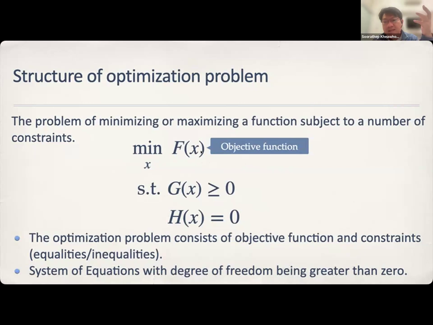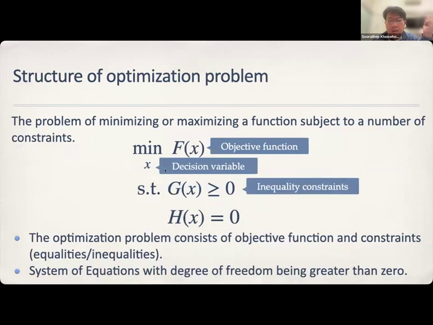Okay, in case of maximum, of course, it is maximize f(x), which means you want to maximize your objective function. And what else do we have in this structure? We have this variable right here. We write s.t. What is standing for s.t.? S.t. is an abbreviation of subject to.